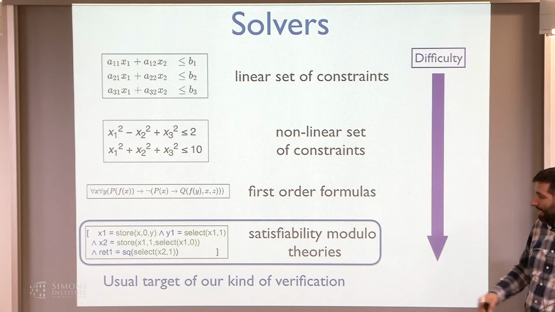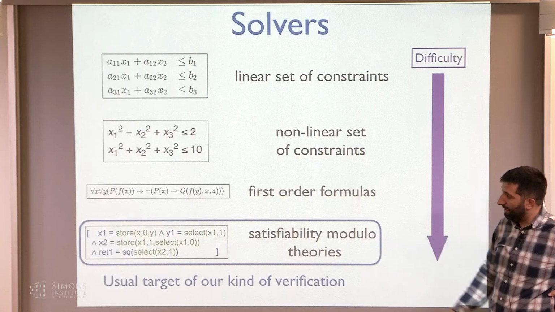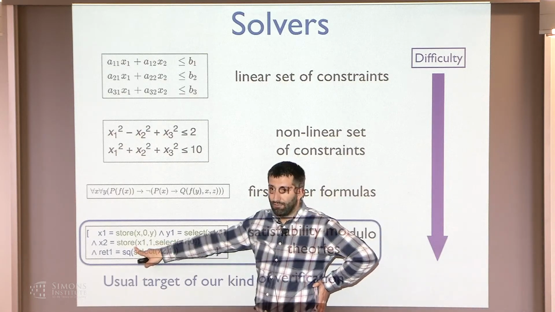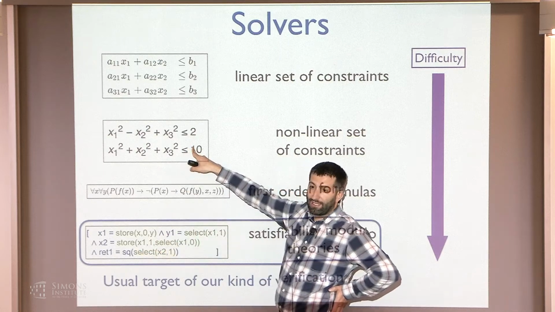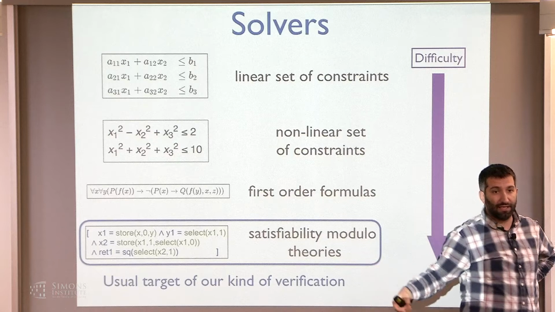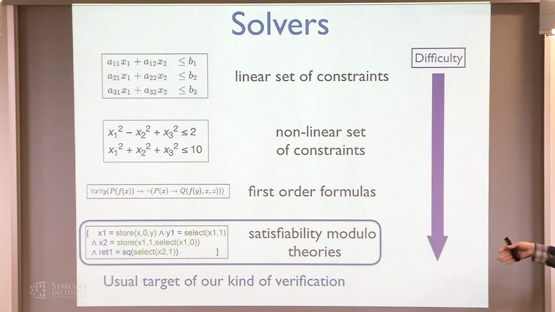In this kind of setting, we can specify predicates. We can have numeric theories, for instance nonlinear arithmetic, and we can have linear arithmetic. We can have a bunch of different theories put together. This is the usual kind of target of our verification.